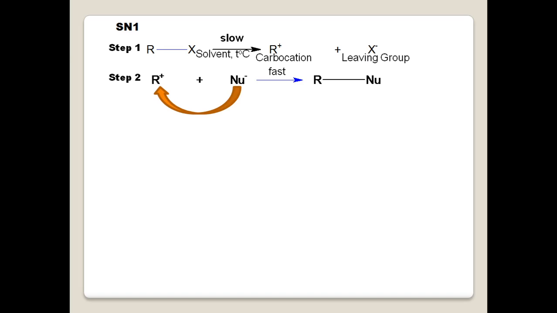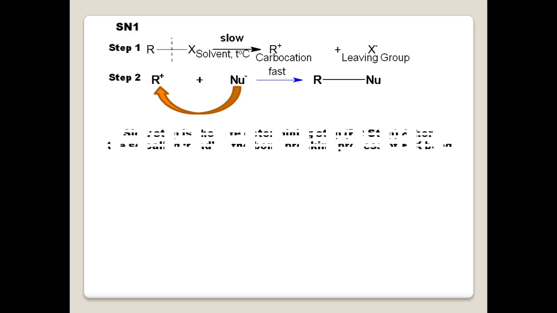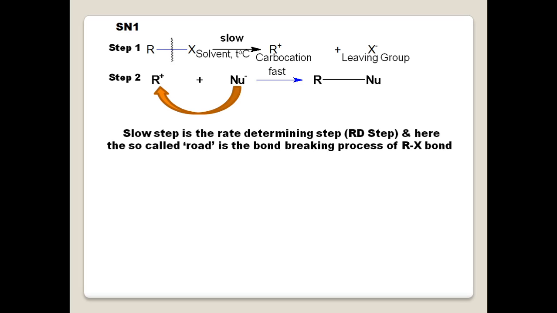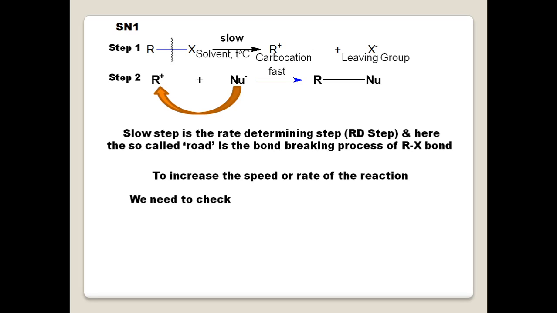So coming back directly to the SN1 reaction, what are the species or entities involved in the first step? That is the substrate on the left hand side of the arrow and the carbocation and the leaving group on the right hand side of the arrow, and over the arrow you have solvent and temperature.